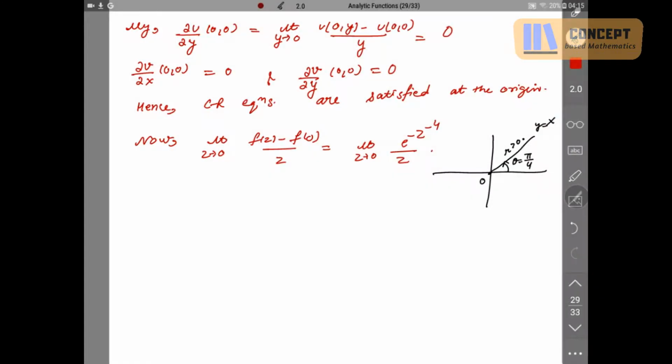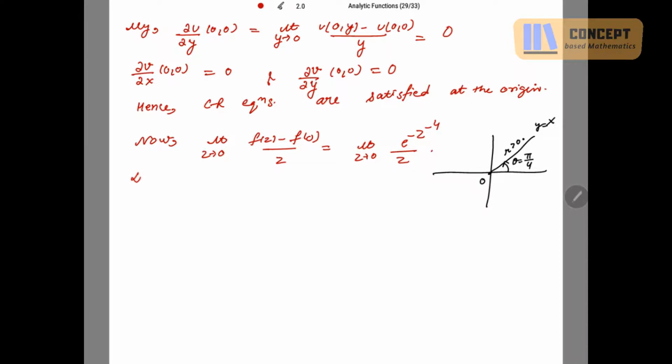So letting z tends to 0 along, I'm not writing y equal to x, I'm writing in polar form. z is equal to r e raised to the power iota theta, where theta is pi by 4 and r is positive.